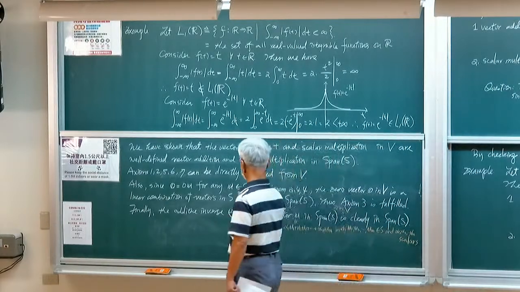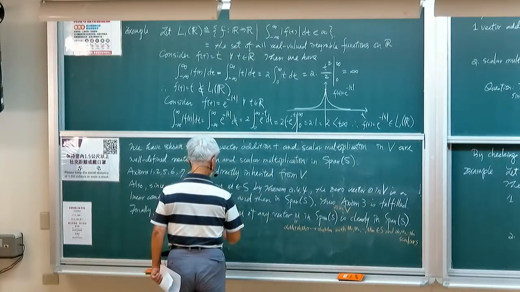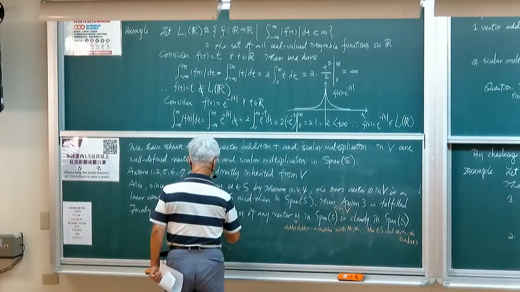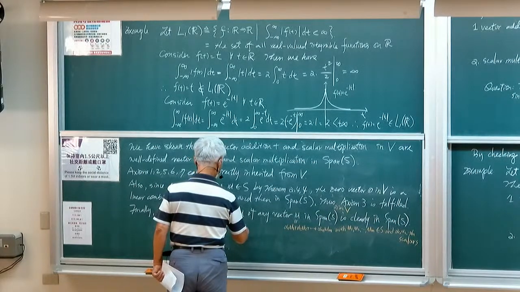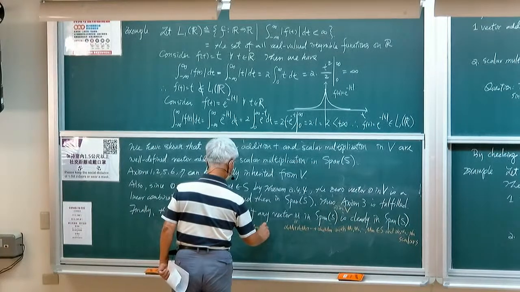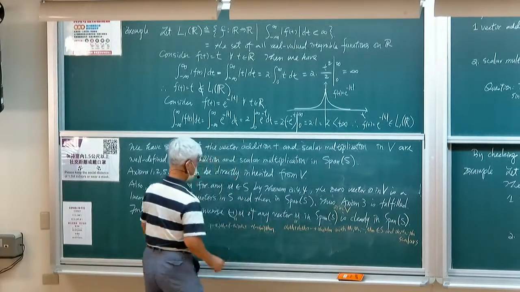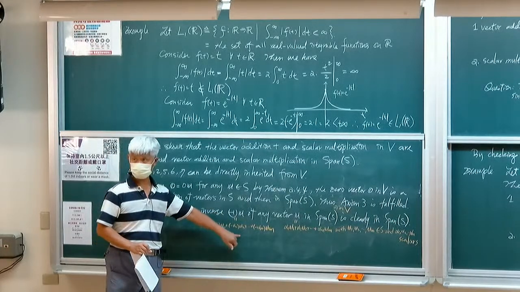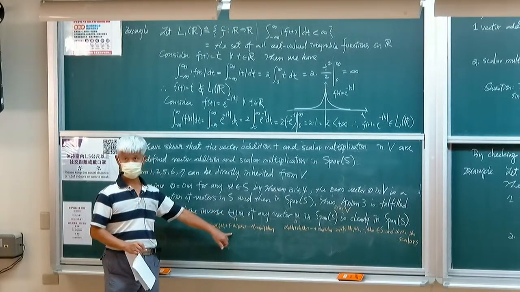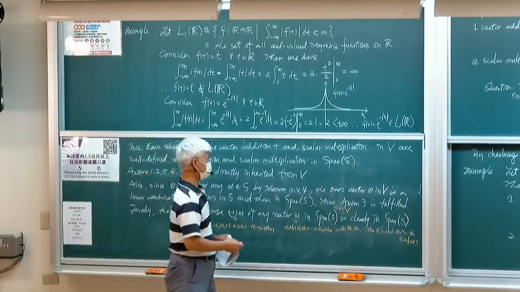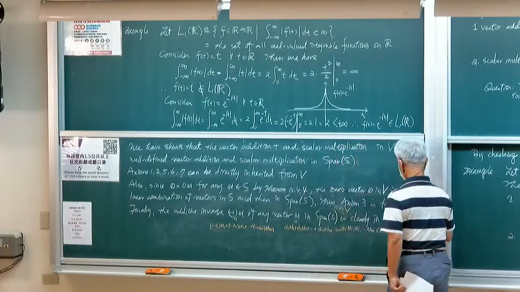So the inverse here, we know this becomes minus alpha 1 U1 plus minus alpha 2 U2 plus minus alpha m Um. So you can see the additive inverse is also a linear combination of vectors in S. So it's in the span of S, right?